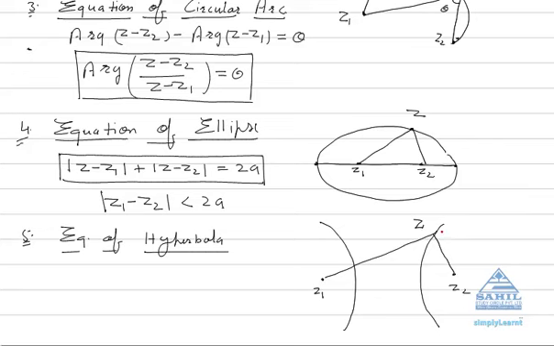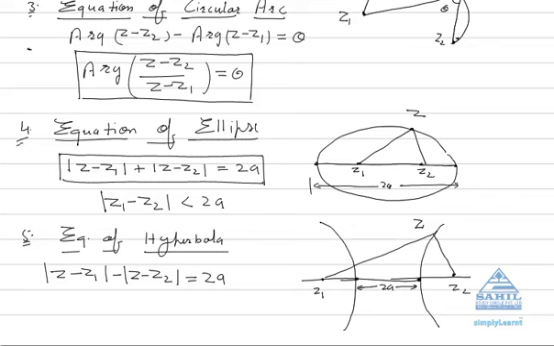Then modulus of z minus z1 minus modulus of z minus z2 equals 2a, and here 2a is the length of the transverse axis, whereas in the previous case 2a is the length of the major axis. You can note the difference between them.